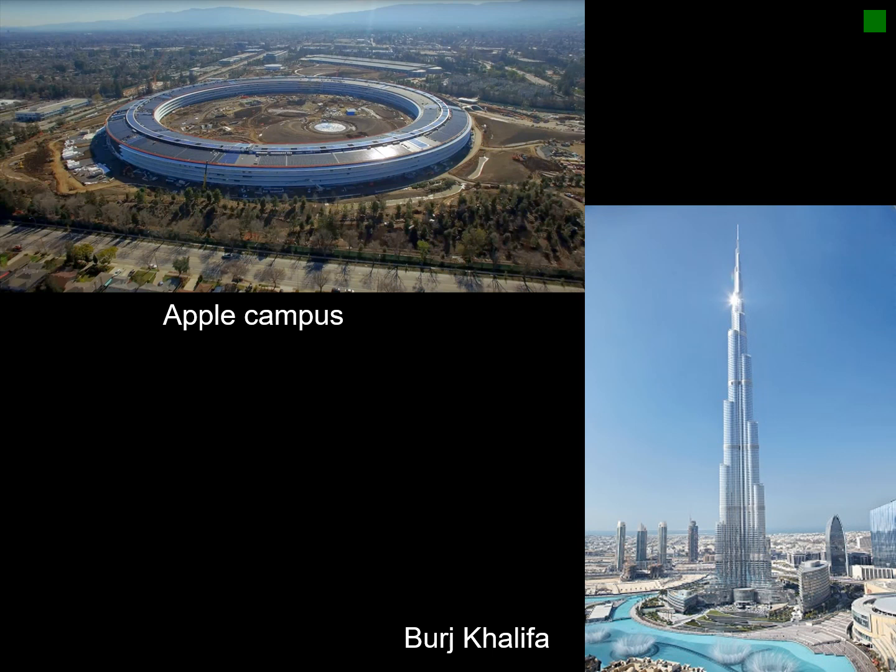It didn't require that much tech, and it was built over a much shorter period, which saved a bit of money. So one would have expected that the Apple campus would be cheaper than the Burj Khalifa, but then the Burj Khalifa actually worked out cheaper in this case.